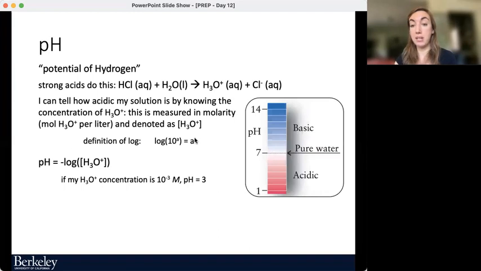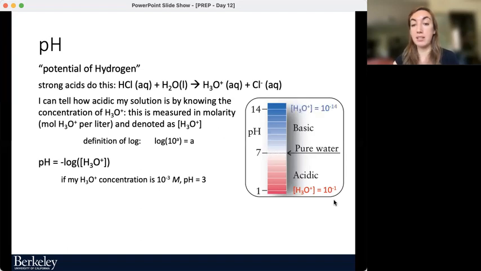So we have this pH scale where lower pH is acidic and higher pH is basic, which to some people is counterintuitive because there's more H3O+ in the acidic case. And the reason for that is that if my pH is 1, then 1 equals minus log of H3O+, and so my H3O+ concentration is 10 to the minus 1 molar.